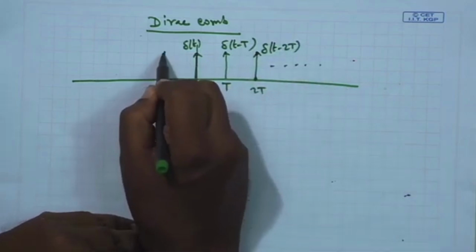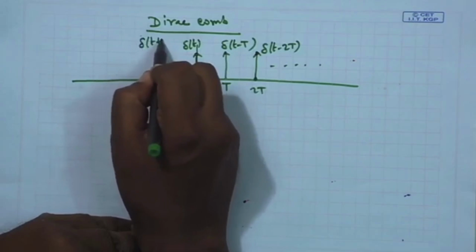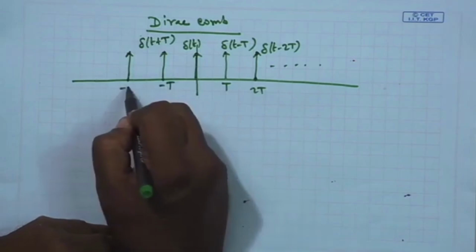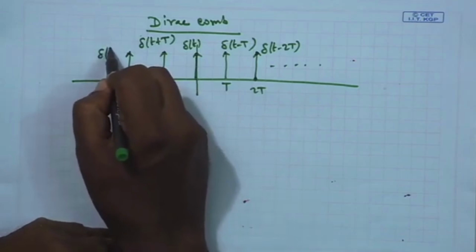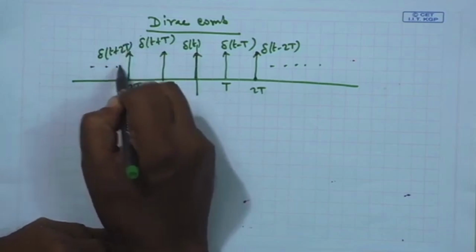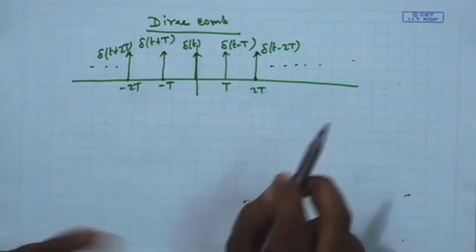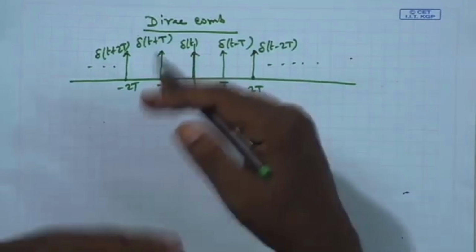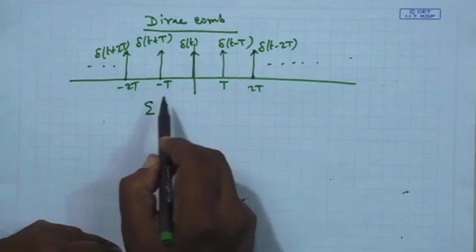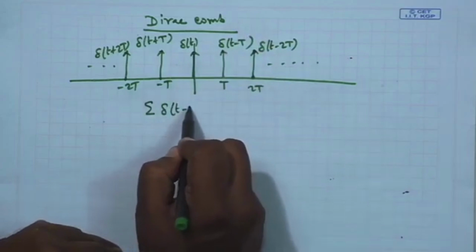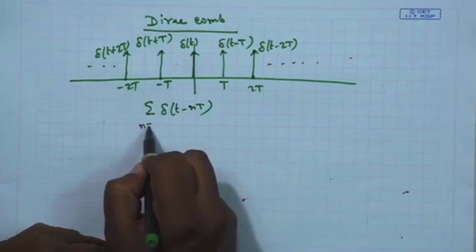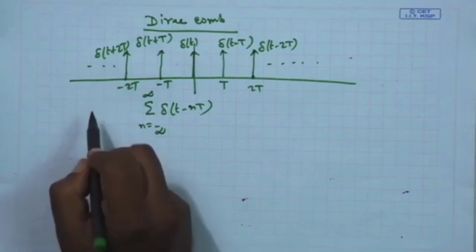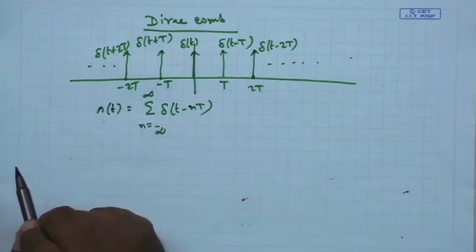On this side also delta(t plus T) and delta(t plus 2T), and so on. So it is a periodic function, and the period is T. Mathematically, you can write it as a superimposition of impulses delta(t minus nT), where n can be 0, 1, 2, minus 1, minus 2, so n runs from minus infinity to infinity. Let me call it S(t).